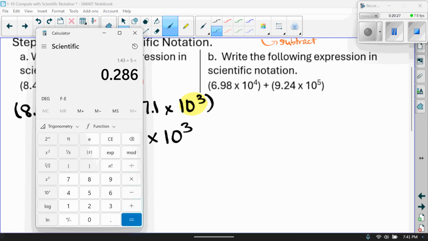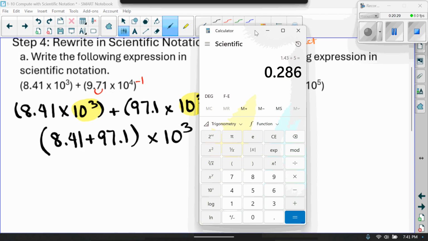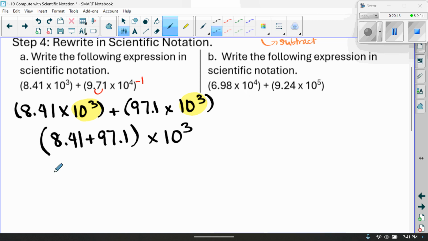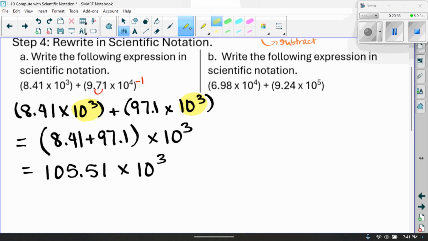So now we just add those. We've got 8.41 plus 97.1, and that gives us 105.51. So this is 105.51 times 10 to the third power. Now, again, you'll notice this is not in scientific notation.